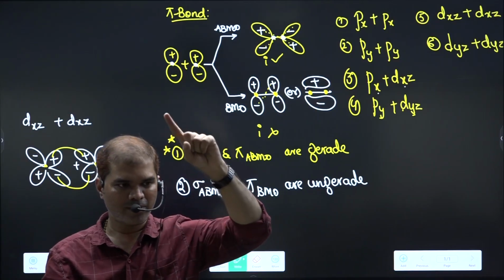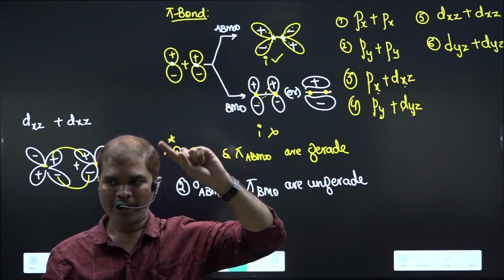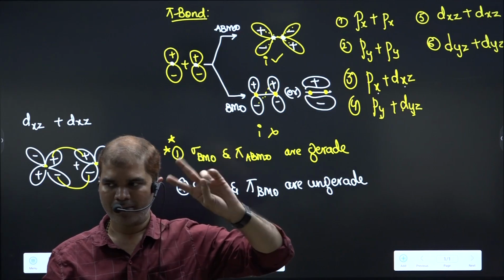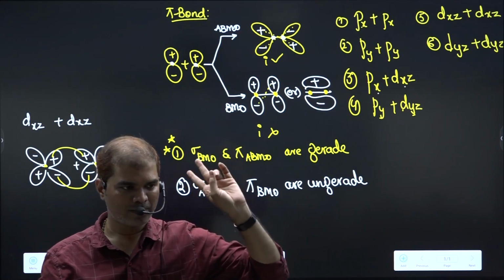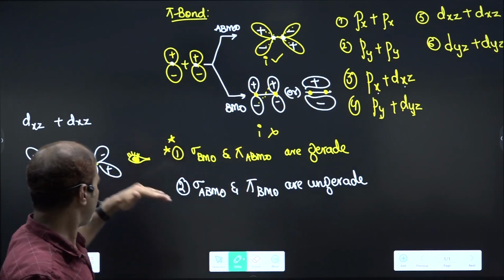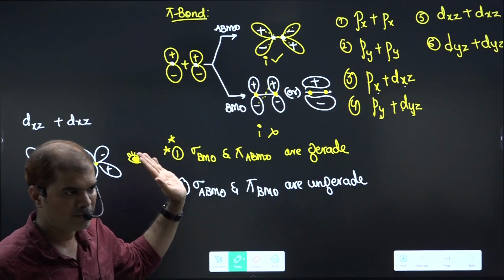Therefore we say there is one node. Did you get my point? If you do the same for a d orbital, dx square minus y square, on rotation 2 times they repeat. Therefore we say 2 nodes. That is at a higher level. But the simpler level is, can I pass a node? There is only one node.